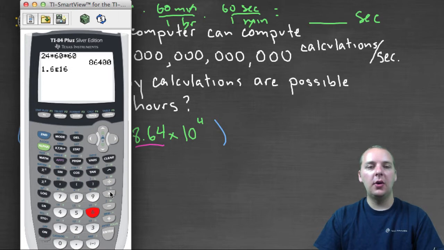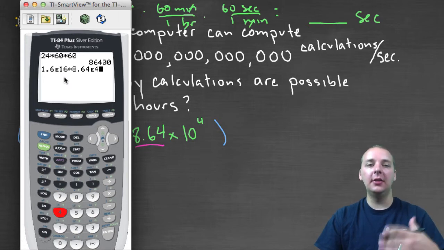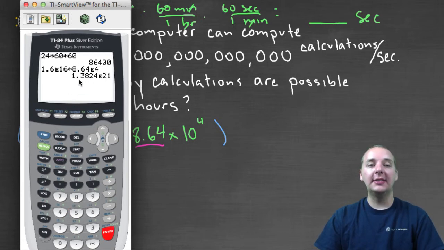And we'll take that quantity and multiply that by 8.64 times 10 to the 4th. So we'll have both of our numbers being multiplied. They're in scientific notation in the calculator. The EE notation represents the times 10 to the blank. Multiply it. It'll take care of our decimals and everything. It'll take care of our exponents.